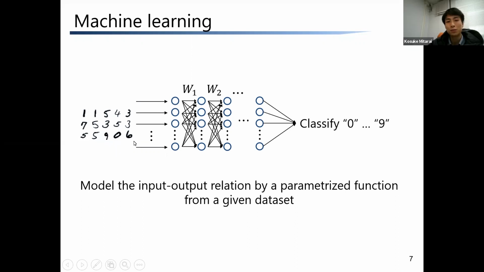We want to construct a function which has parameters W1, W2, and so on. This example is made from a neural network, but we want to learn a function that successfully classifies this is 0, this is 1, this is 1, this is 5, and so on. We want to construct such a function on the computer.